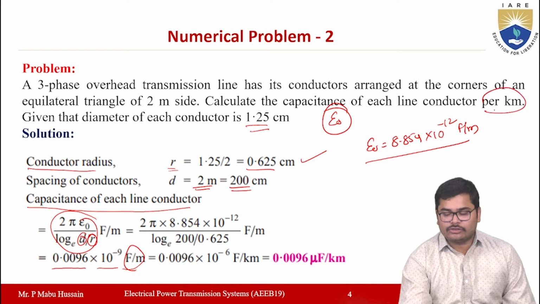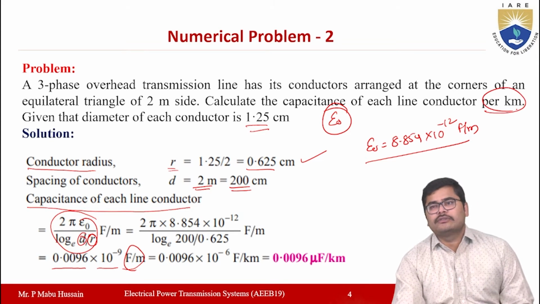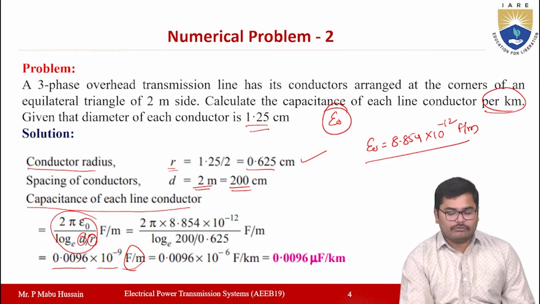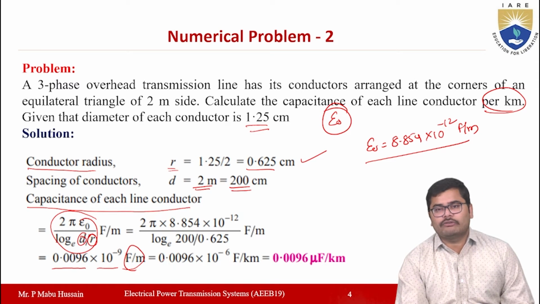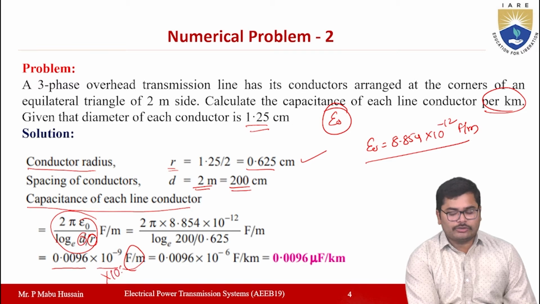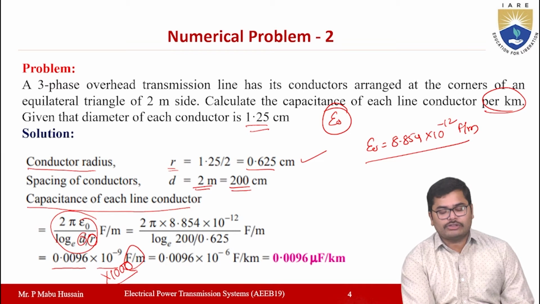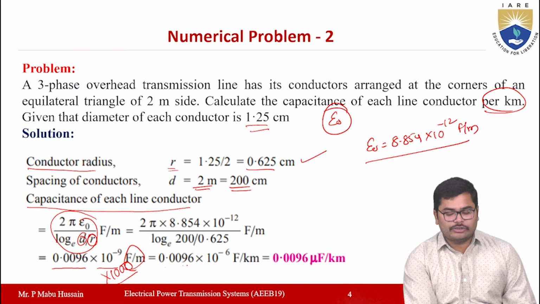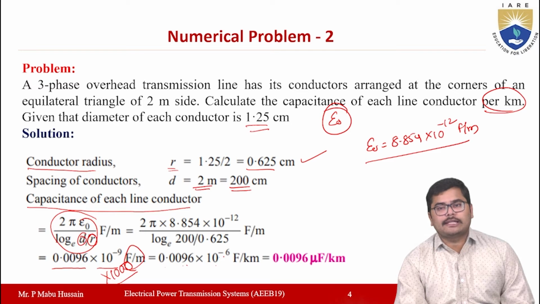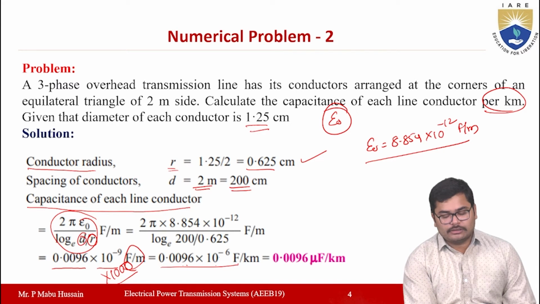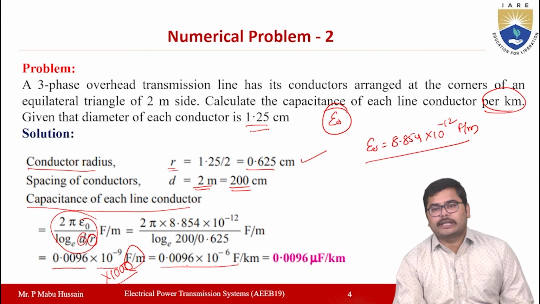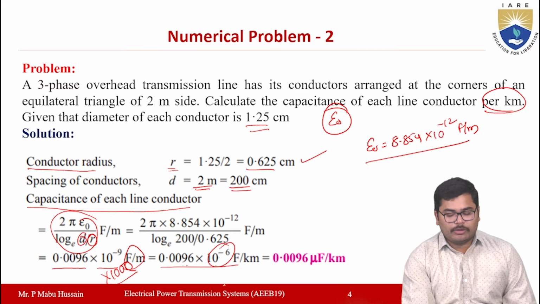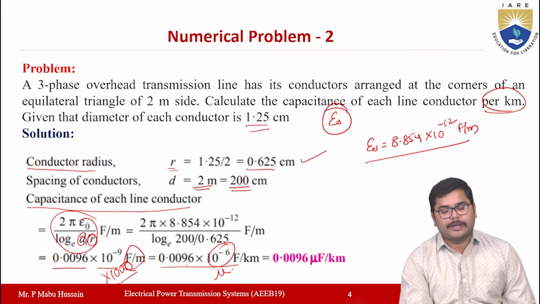But here they asked to find the capacitance for 1 kilometer. For getting the capacitance value for 1 kilometer, you have to multiply this value by 1000. Then the value becomes 0.0096 into 10 to the power of minus 6 farads per kilometer. In place of 10 to the power of minus 6 you can write micro.